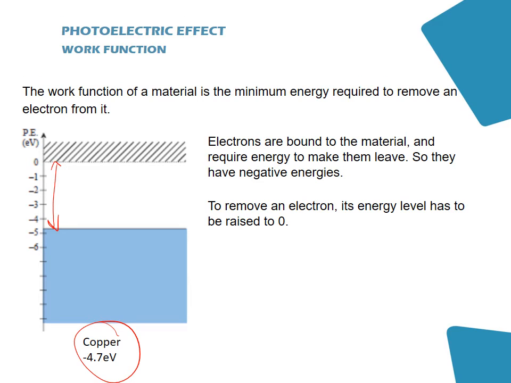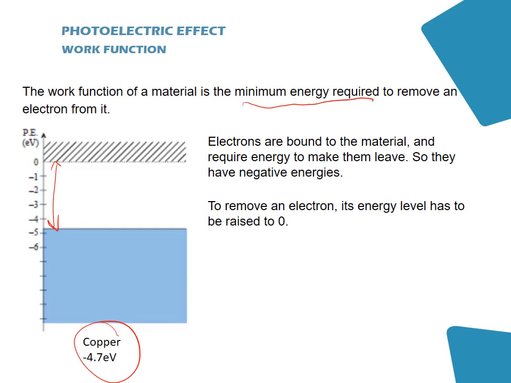We call this the work function: the work function of a material is the minimum energy required to remove an electron. Electrons are bound to the material and they require energy to make them leave, so therefore they have negative energies. In order to remove an electron, its energy level has to be raised to zero.